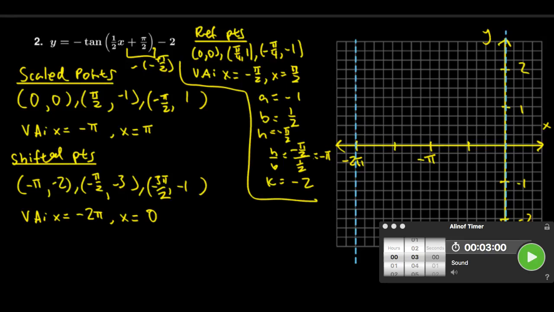We have negative pi and negative 2. Negative pi over 2, negative 3. 1, 2, 3, 4. I think it'd be like there-ish. Whoops, forgot to account for that. And that'd be at negative 1, so I think it's there. And then it would expand upward as well.